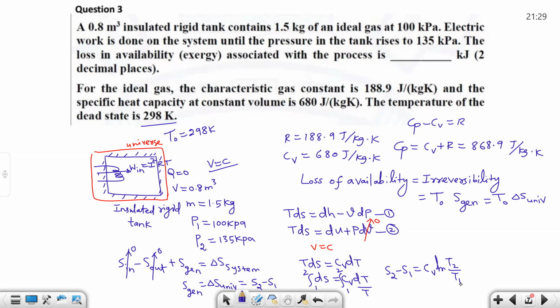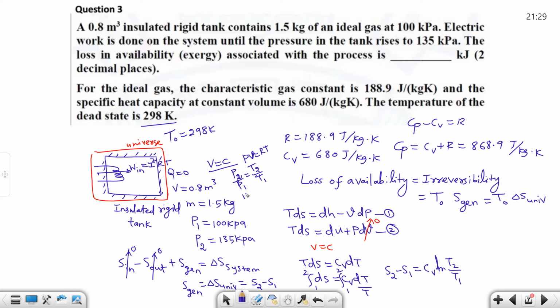And we know that for constant volume, from PV equal to RT, if you take the ratio, you will get T2 by T1 equal to P2 by P1.